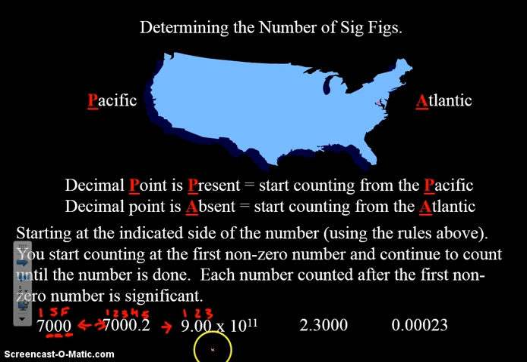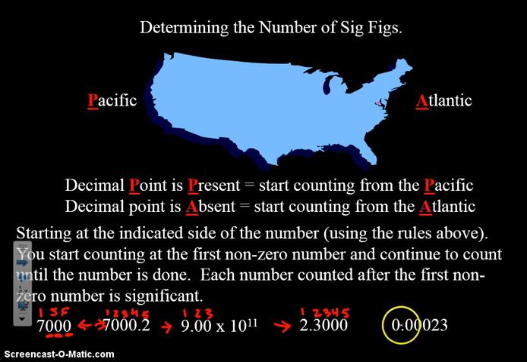Okay. Moving on along to this example. Decimal point is present. Okay. So we start counting from the Pacific again. Here we go. Start counting at the first non-zero. This is a non-zero, so we're going to start counting right here. 1, 2, 3, 4, 5 sig figs. Okay.